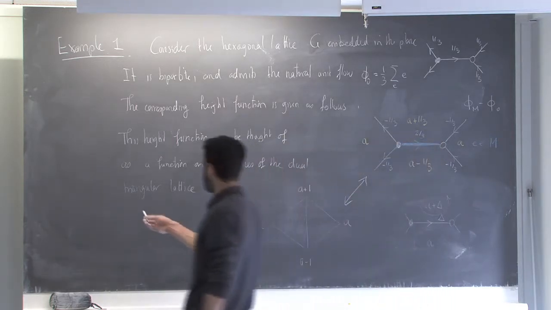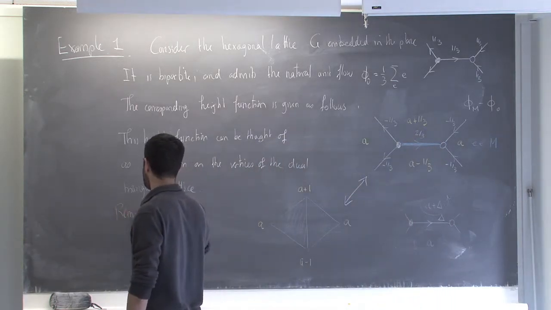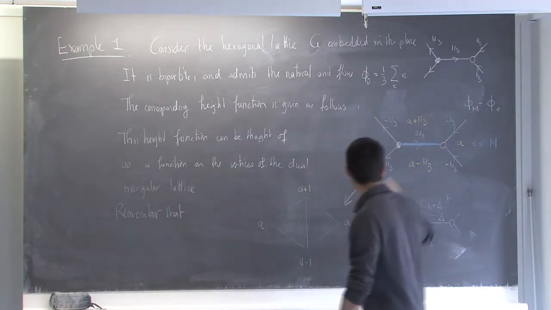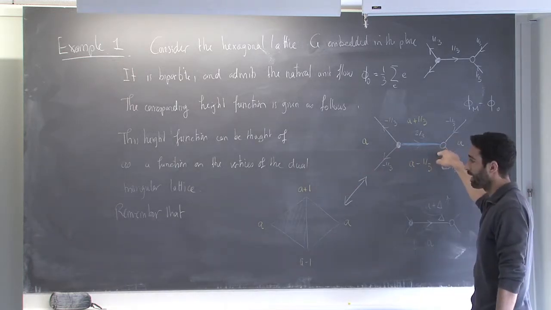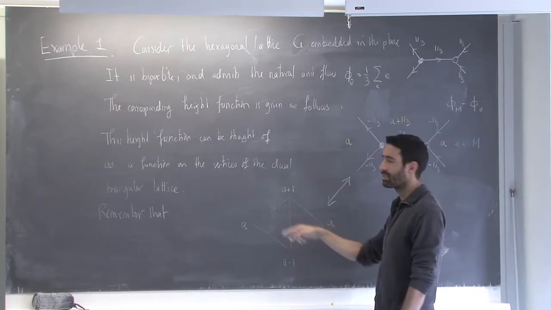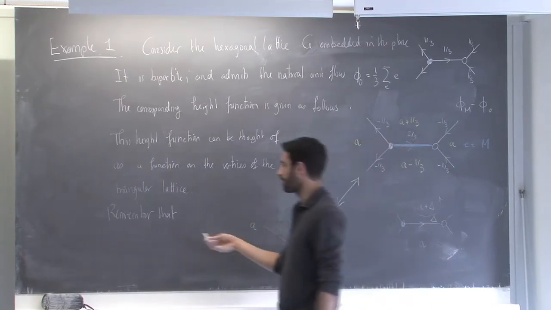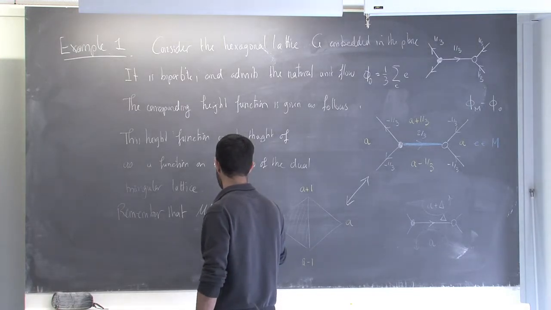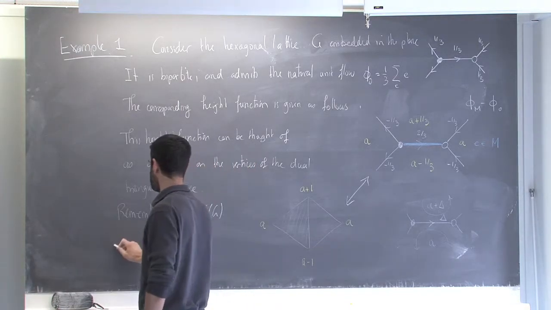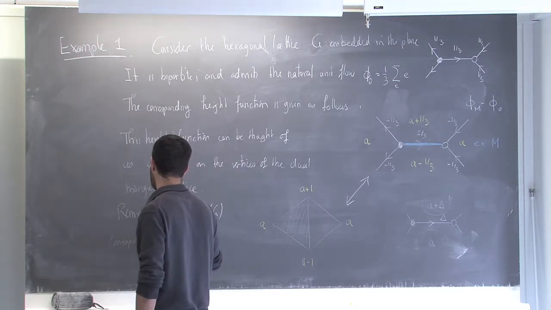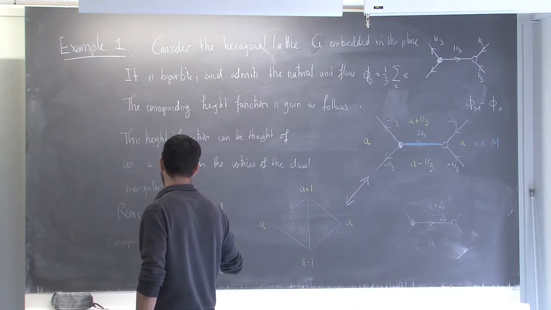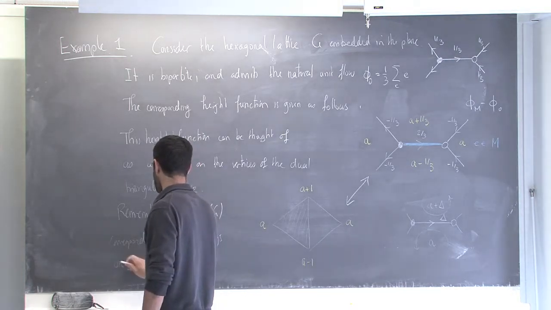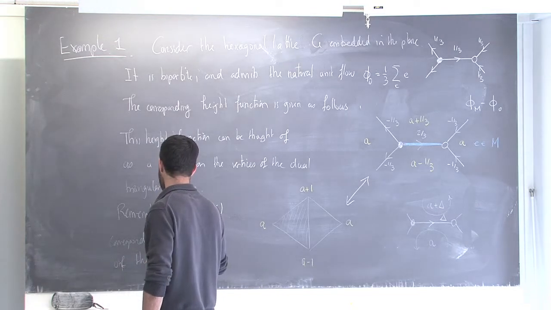Okay, but now remember that perfect matchings on the hexagonal lattice correspond to lozenge tilings of the dual triangular lattice.